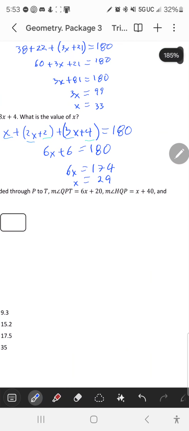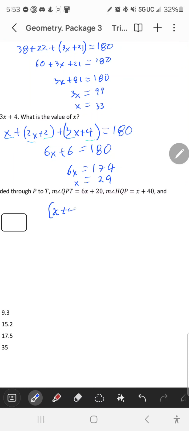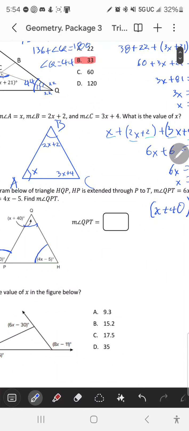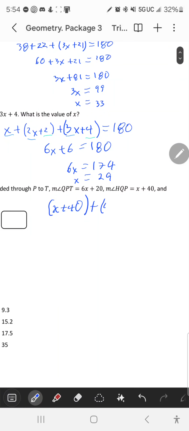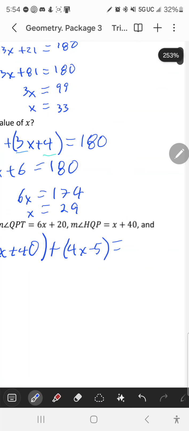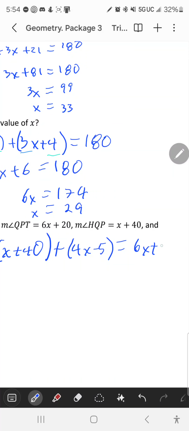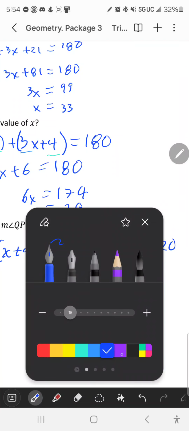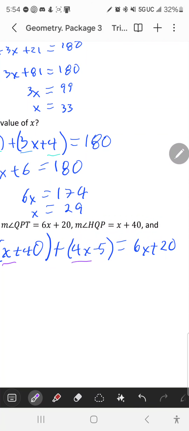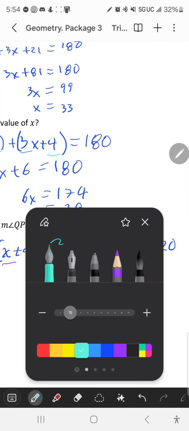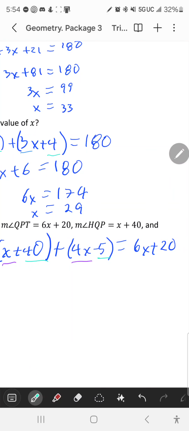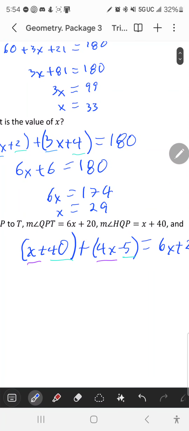So I will say then that x plus 40 plus 4x minus 5 are going to be equal to 6x plus 20. So what I will do now is combine terms on this side, x with x, and then 40 and 5, number by number. x plus 4x is just 5x.